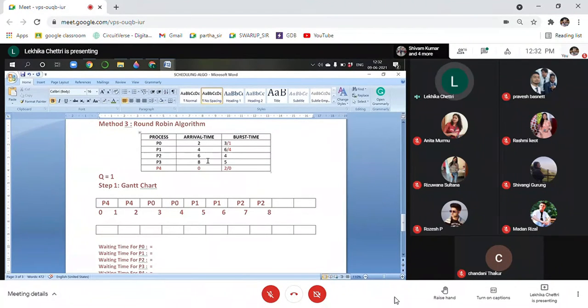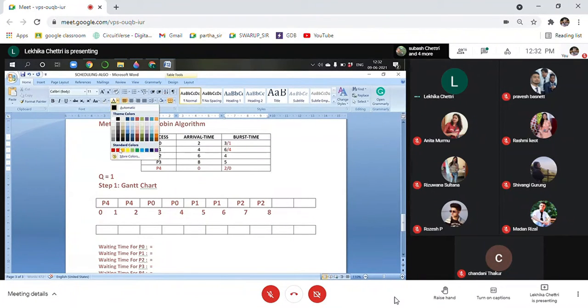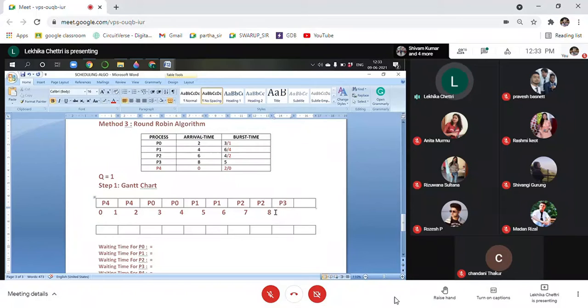P2 now has only two unit cycles left. After 8 unit time, is there any other process in the ready queue? Yes, that is P3. So P3 will enter. Now the clock unit time is 9.